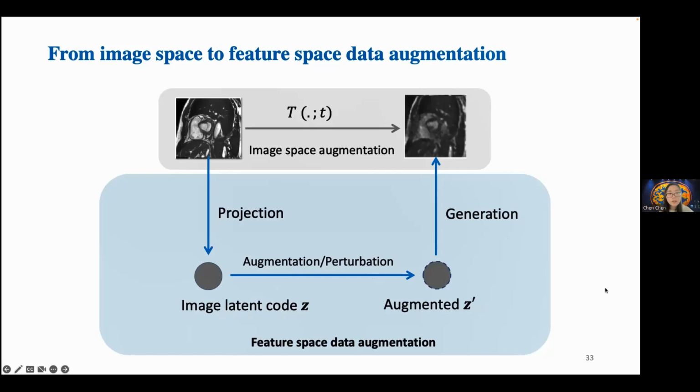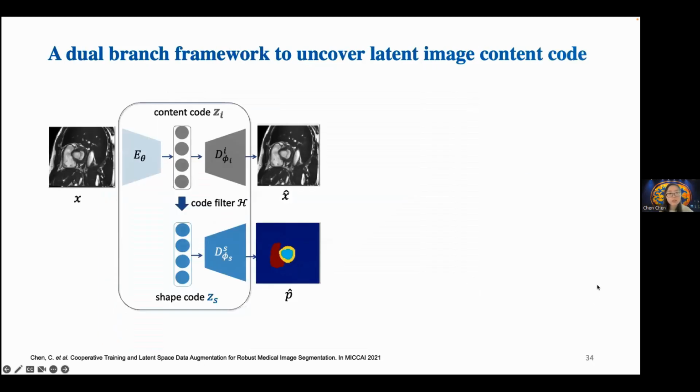Okay, and one of the works we've done following this scheme is latent code masking based. I will first give you an overview of this framework, where we introduce an auxiliary decoder branch, shown as these gray blocks, where we model the image generation process by first encoding the image into the latent code and then using a decoder to map this latent code into the image space, okay?